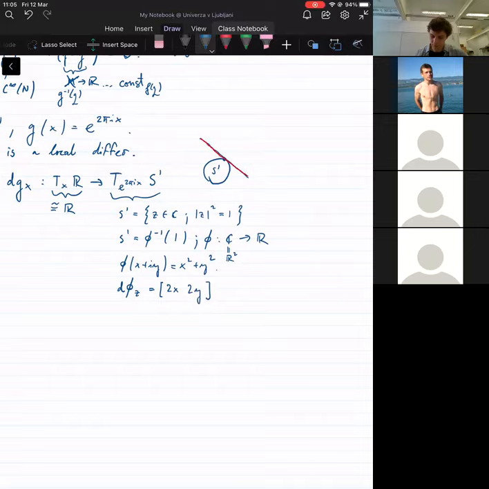Okay. And at points from S1, this is a non-zero map. Okay, hence S1 is a smooth manifold. Okay, and we've already proven that S1 is a smooth manifold. That's why we're going here so fast, because this is kind of boring in a way.